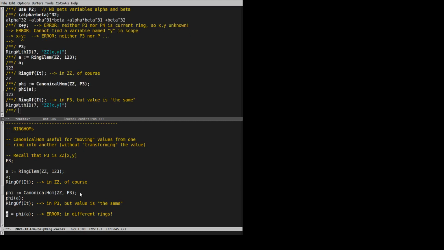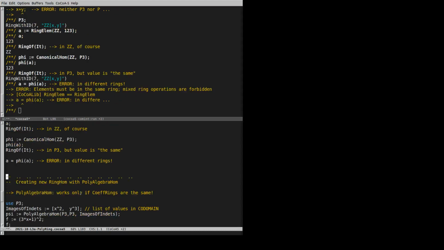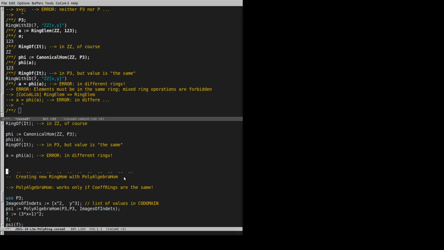But if we ask for its ring, we now see that it's an element of the polynomial ring. Since they belong to two different rings, we're not allowed to compare them for equality. CoCoA will give an error saying that they need to be in the same ring, but they weren't.